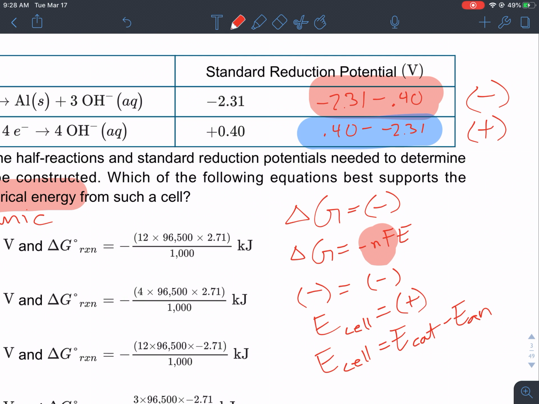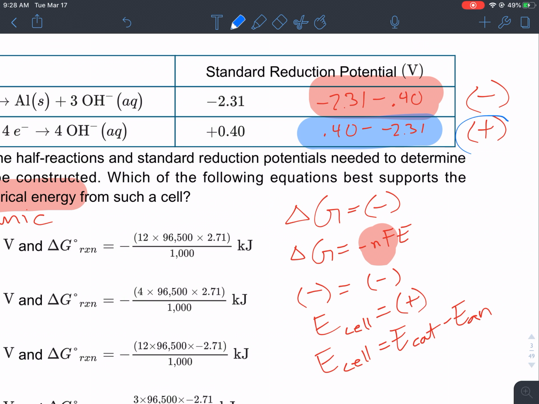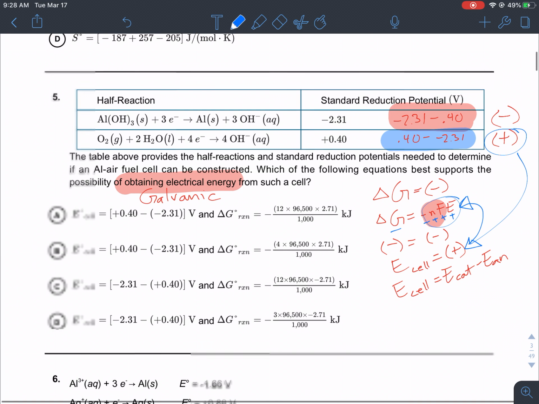Think of the logic. Work backwards with me. If I have a positive E cell, then I can put that positive into this E, and I will have a negative times a positive times a positive times a positive. This will be negative, giving me a delta G that is negative, that will be spontaneous. So in other words, this map in blue that I just went on is the correct situation.